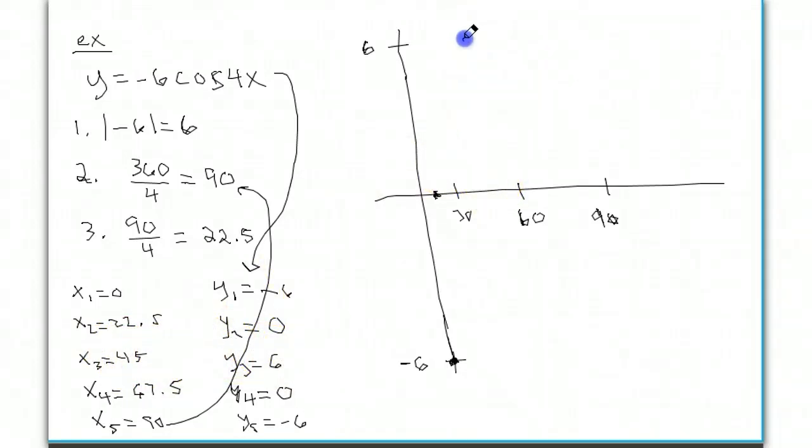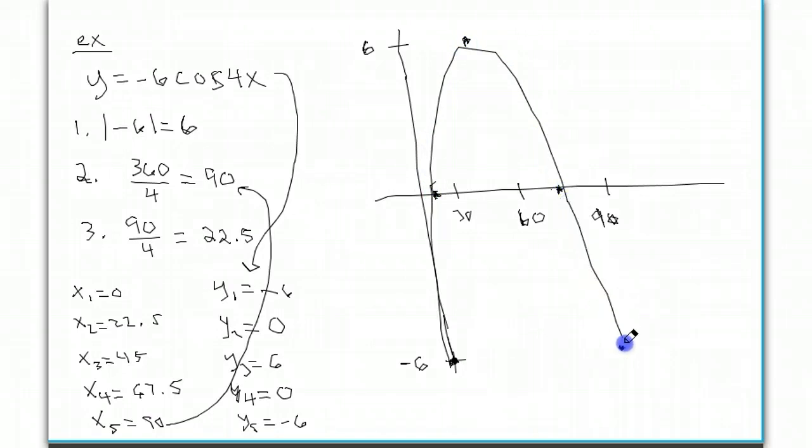So you can say that that's the point right here. Then you have 67.5, 0, which is right here. And then lastly, you have 90, -6, which is down here. So if I plot all my points, it's going to go through that point, come up, go back down through that point, and look like that.